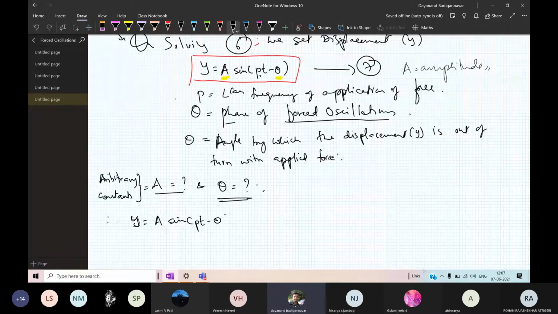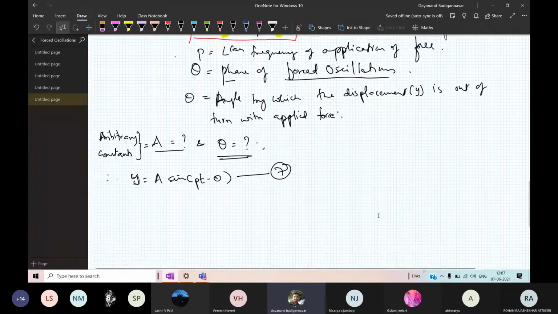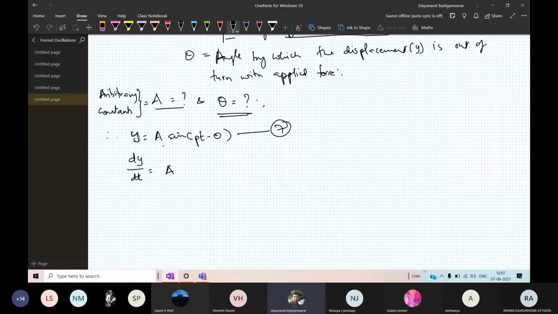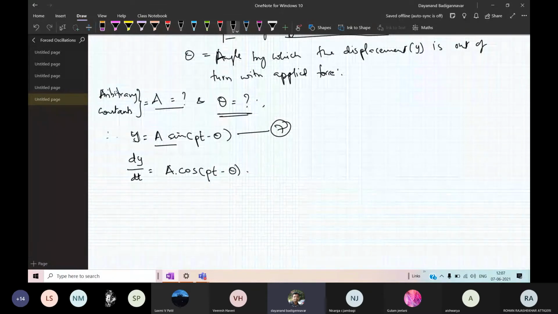So this is equation 7. Now to find a and theta, find dy by dt. So first find dy by dt, that is equal to a. If you differentiate this, it is a into cos of pt minus theta. Because a is constant, it is treated as a constant.